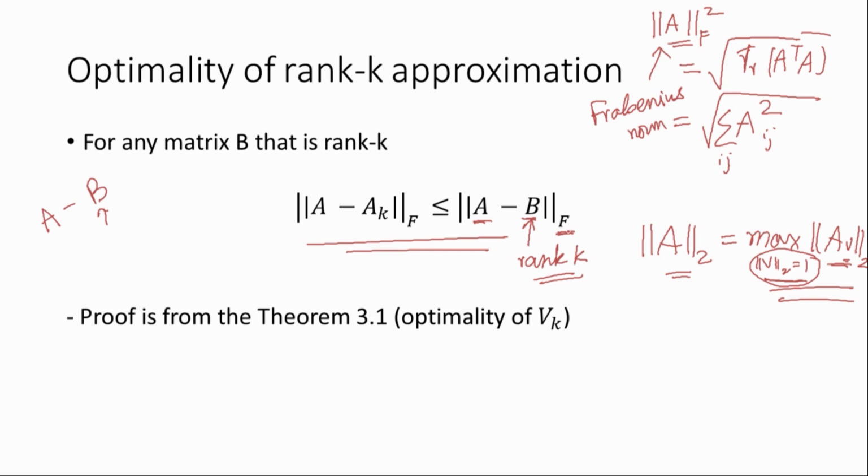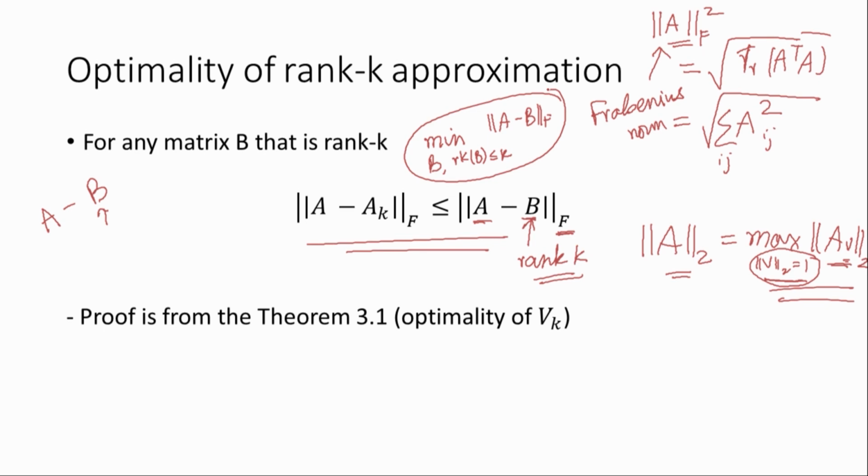Now I want to say, give me the B such that B is of rank K and B is closest to A. This was the problem I was looking to solve. This is really my way of saying that I want to get a low dimensional representation of my data that is faithful to my data.